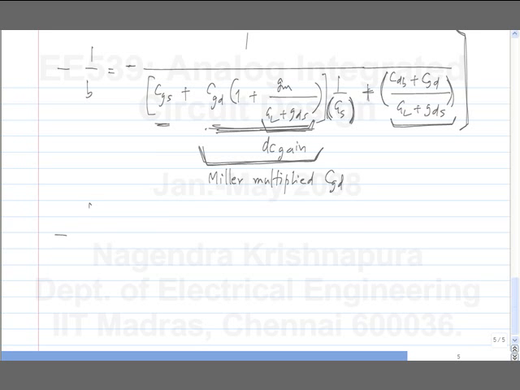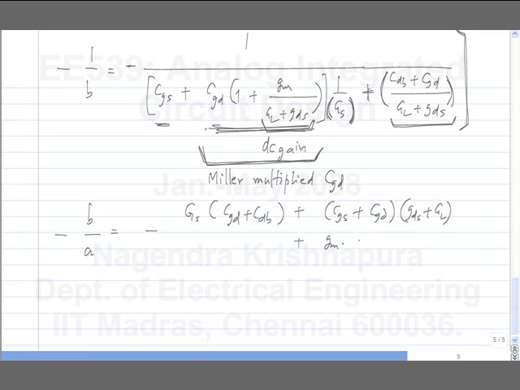And what is this? Minus CGD plus CDB into GDS plus GL plus GM CGD plus, did you get this?